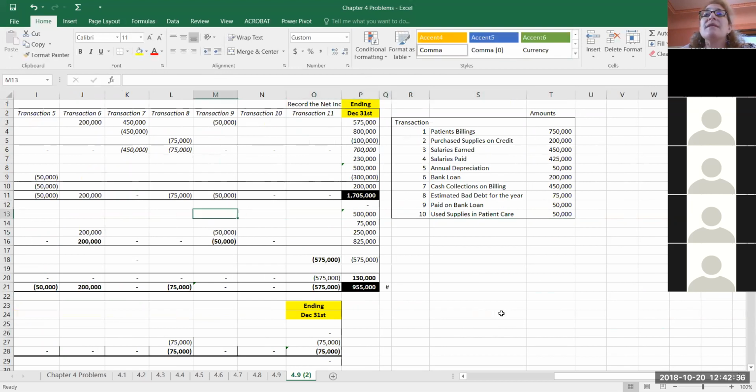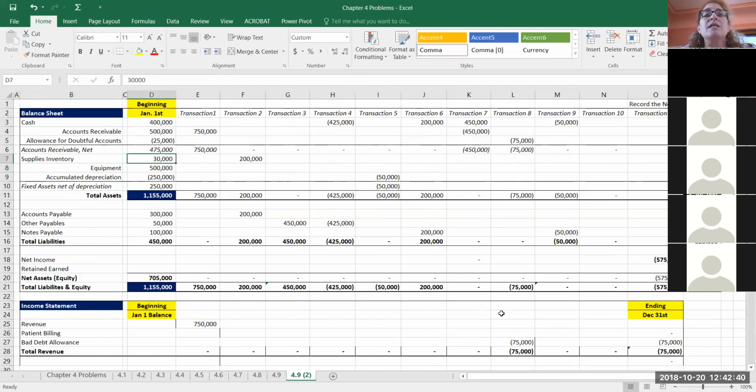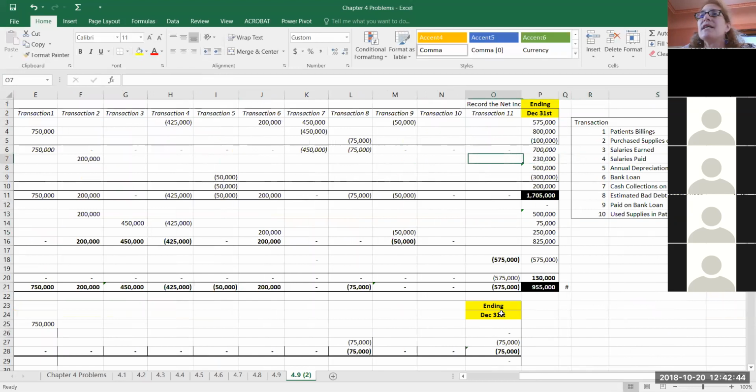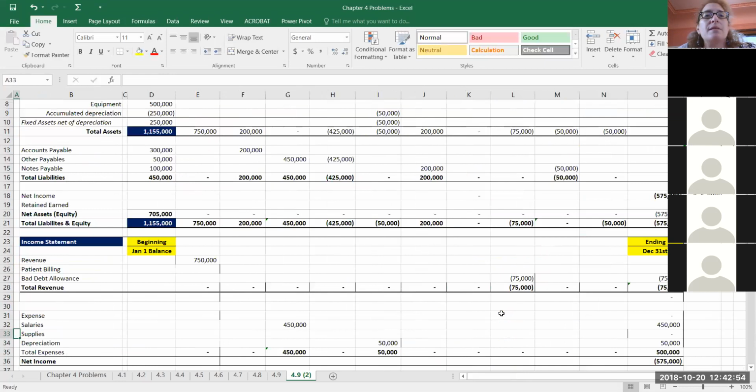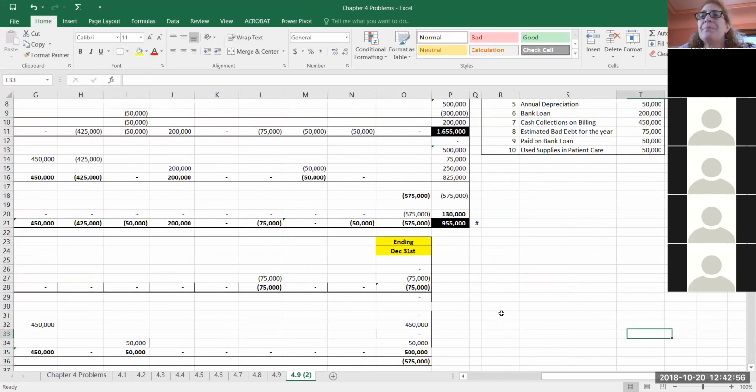So what we do then is we say, okay, let's take $50,000 out of inventory. Right, so that's our transaction 10. So it's negative 50,000. And then we're going to record that expense on our P&L because we're using it right now, right? So I think that would be supplies expense, okay? So that's here, right? Yeah, 50.